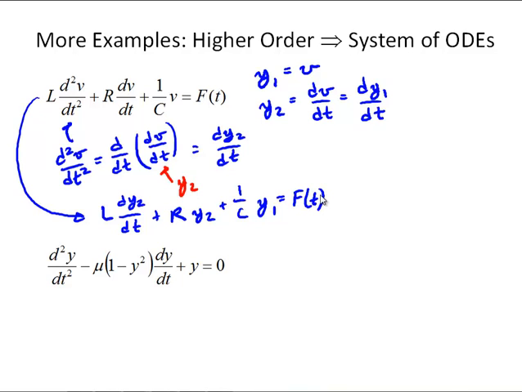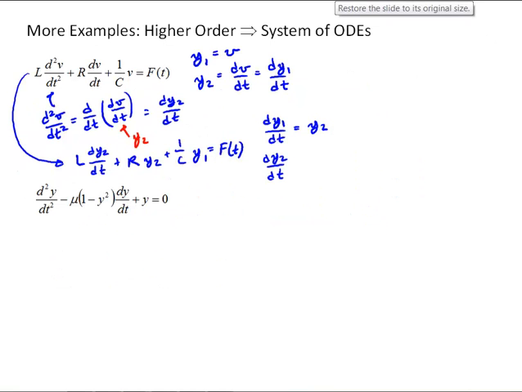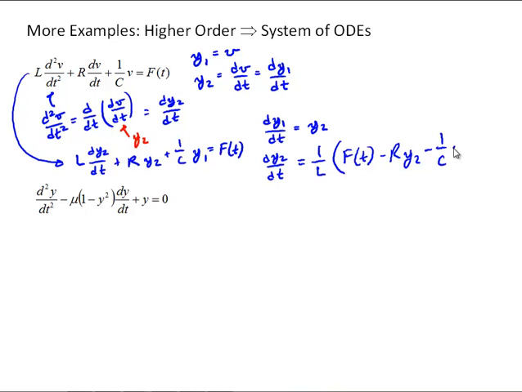And then writing this in our standard form for Euler's method, we would have dy1/dt is equal to y2, and for dy2/dt, we have to do a little bit of algebra here, dy2/dt would be equal to 1 over L times f of t, our forcing function, minus R y2 minus 1 over C y1.